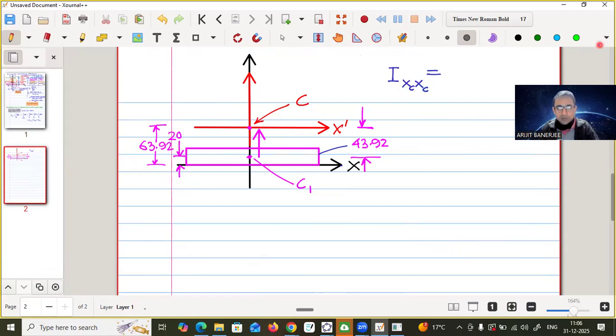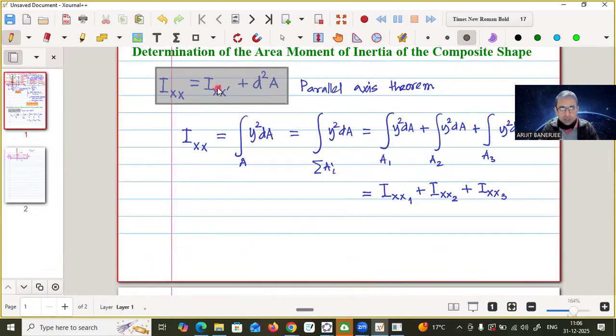This will actually be x prime. Here it is x prime for this shape. But do not be confused that this x prime is different. This x prime is the definition, the theory or definition.